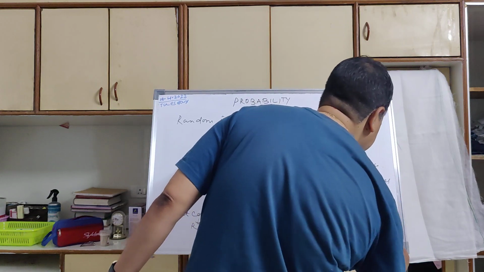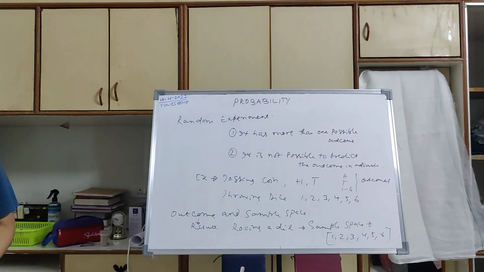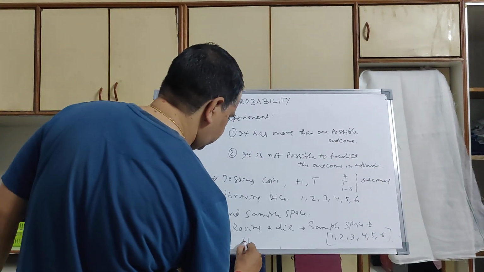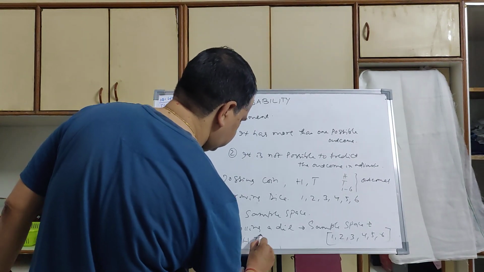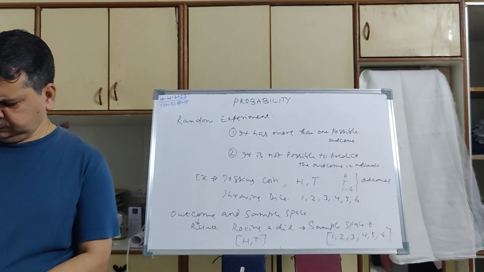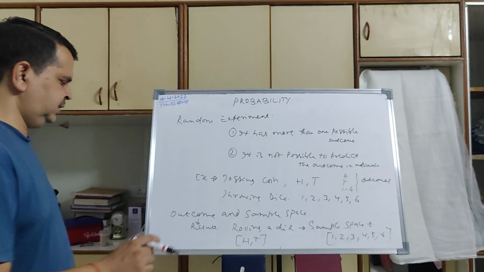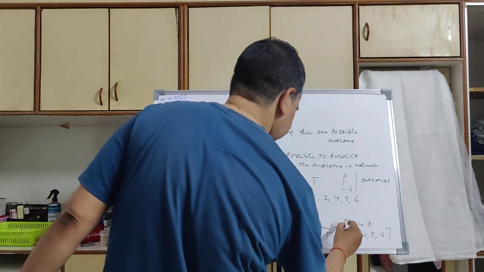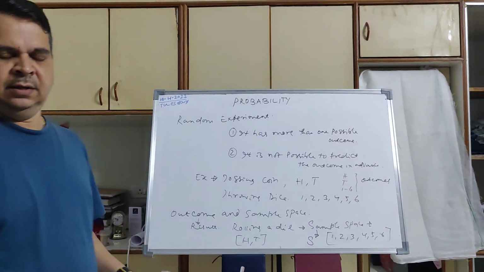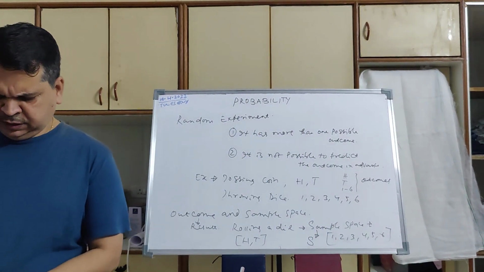Similarly, when you are throwing a coin, your sample space is head and tail. The sample space is given the symbol S.